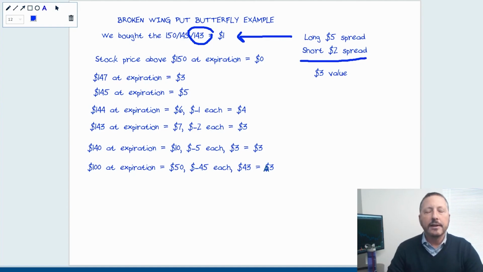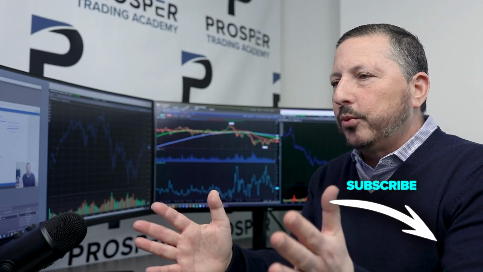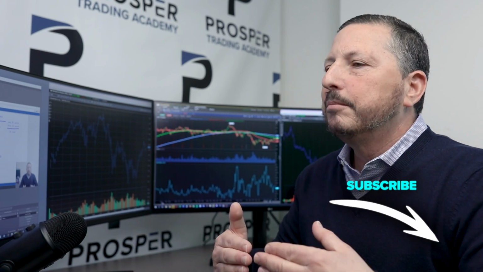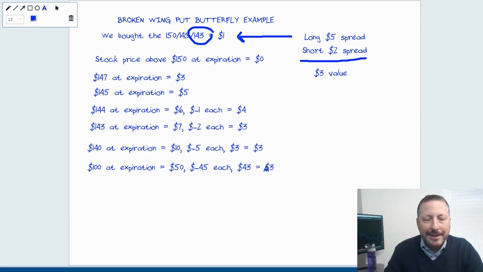It's still the same basic concept. We still do it in a 1 to 2 to 1 ratio. We still have one long spread versus one short spread, but the difference between the spreads is not symmetrical. So it gives us more direction. That is really the big difference between a regular butterfly and a broken wing butterfly.